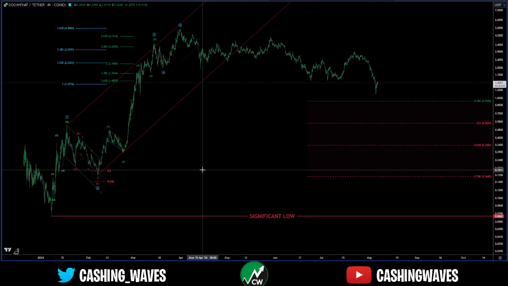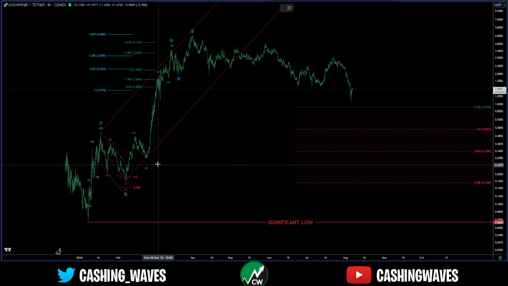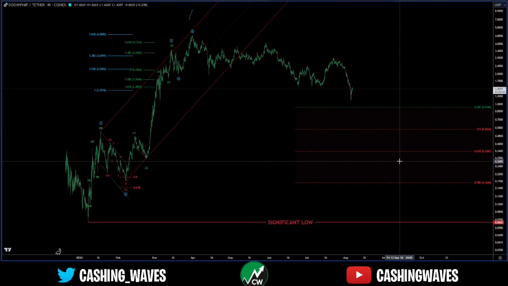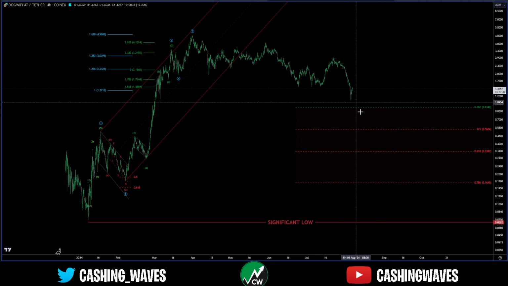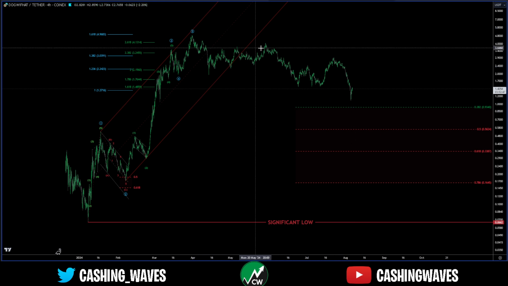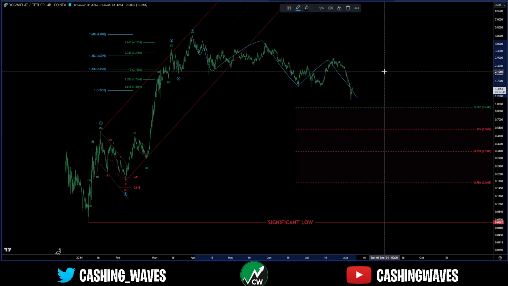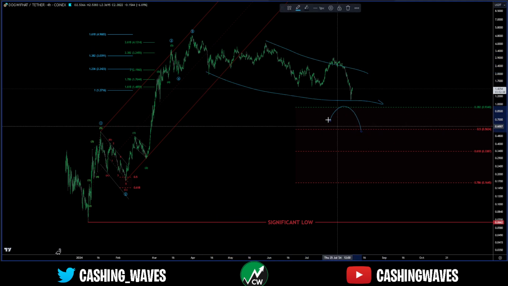Now, my bias is this is a larger wave 1 and 2, but what you have to understand is if this is a 1-2, which is my belief, this is either a WXYXZ, which is possible, a 3, 3, 3, 3, 3, and complete, or this is an A wave, which is my bias.